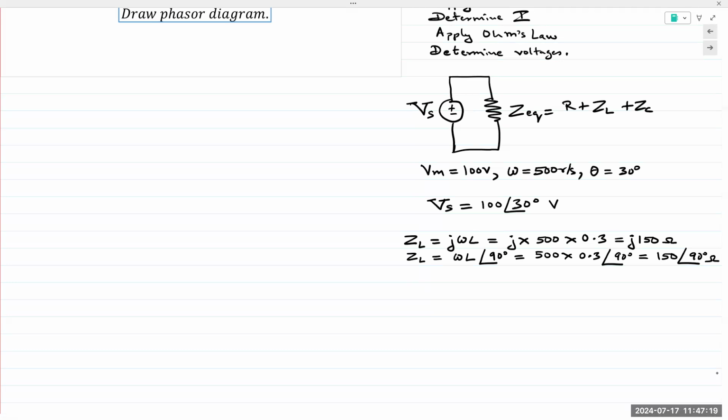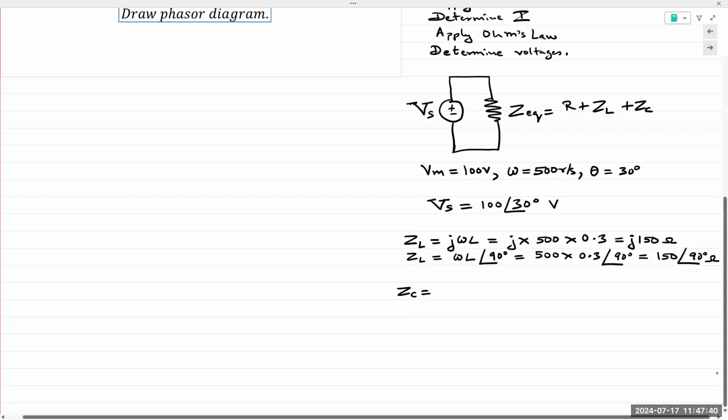If there is no real component and it's a positive imaginary number, plus j something, it's always pointing straight up. It's 0 plus jx, the real quantity is 0, and it's simply pointing straight up, plus 90.